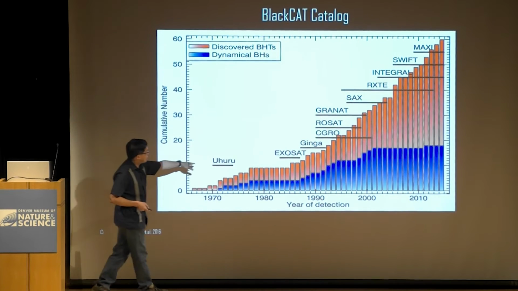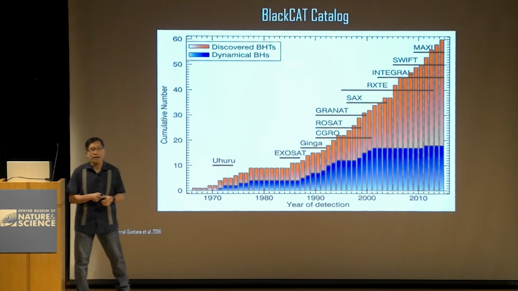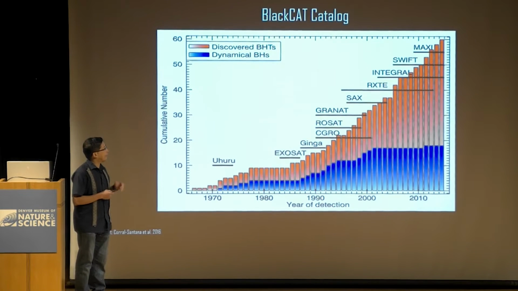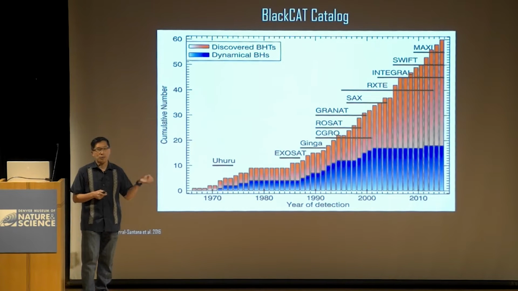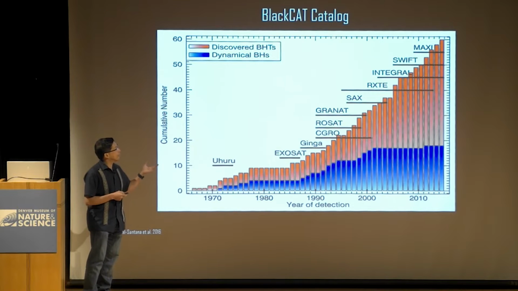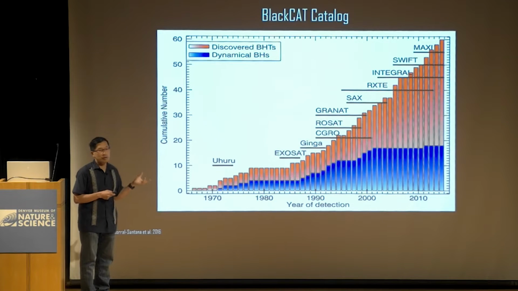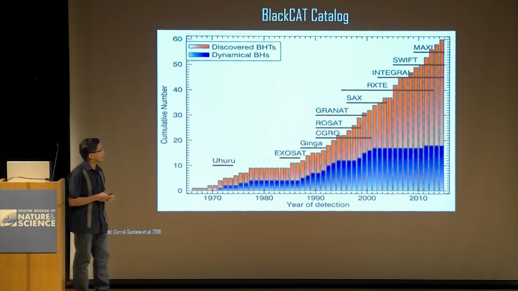Each of these names corresponds to a different X-ray satellite. When we've put up X-ray satellites, they can detect transient X-ray sources, and that's how we've discovered the vast majority, if not all, of the black holes. It's from these binary systems, from the transient X-rays.